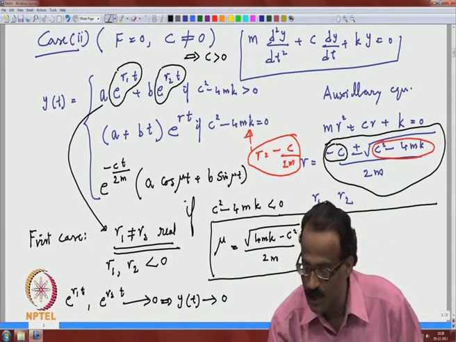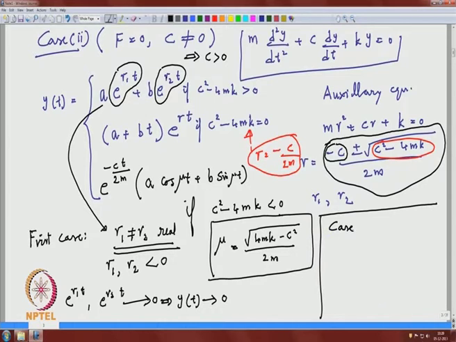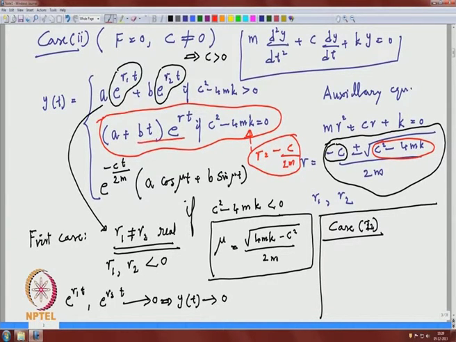And what about case 2? Here, within case 2, c square minus 4mk is equal to 0. So, your yt has a first term a into this one, which again will go to 0.